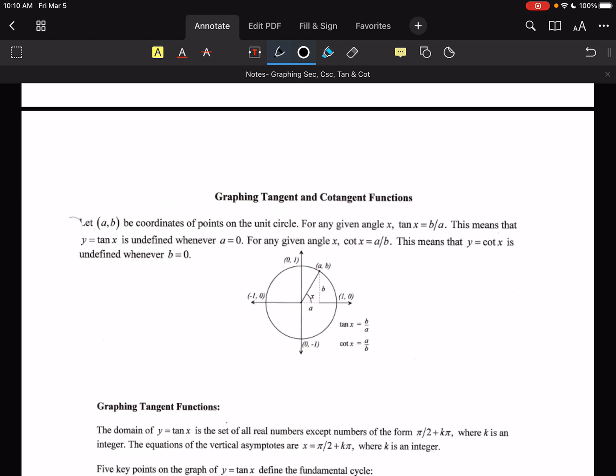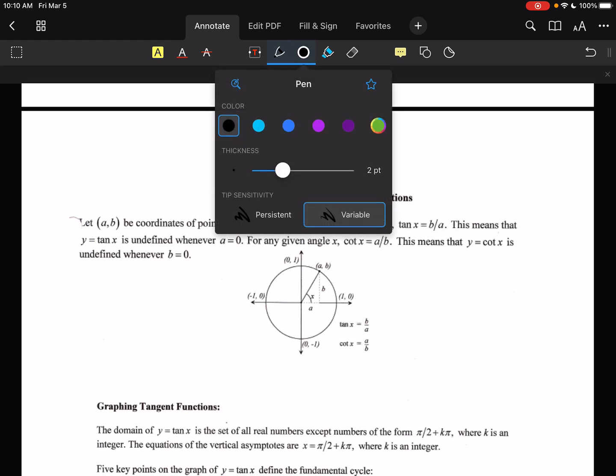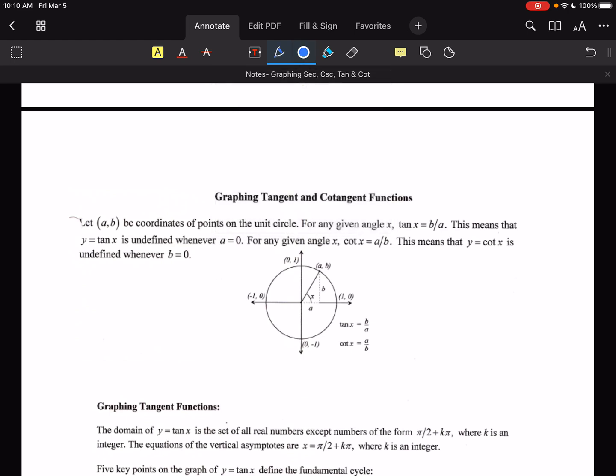So just to remind you about sine and cosine, tangent and cotangent. Tangent is opposite over adjacent, right? So if I think about that in terms of sine and cosine, tangent of x is sine x over cosine x. And then cotangent is the reciprocal of that.